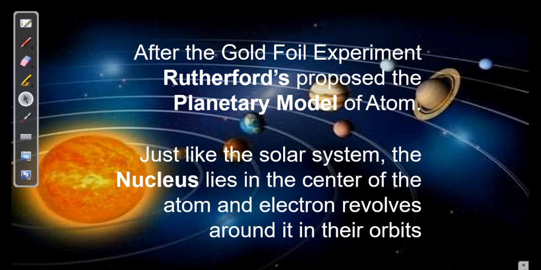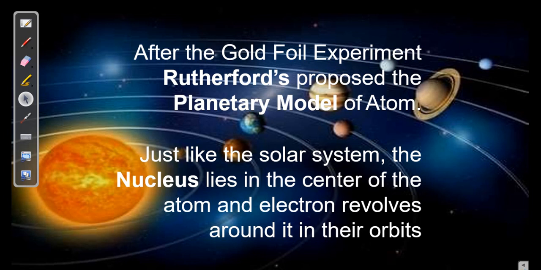When the positively charged alpha particles passed through the thin gold foil, it was observed that the majority of the alpha particles passed without any deflection through the gold foil. Meanwhile, some alpha particles bounced back at a very large angle.